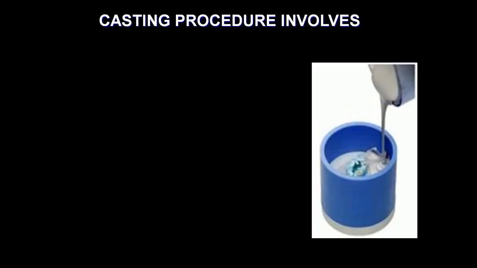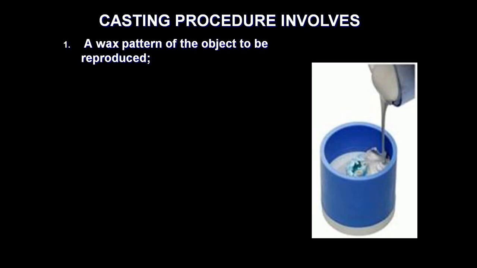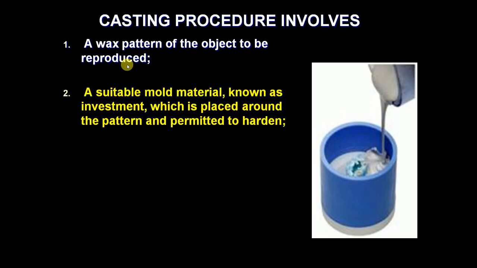Casting procedures involve a wax pattern of the object to reproduce, and a suitable mold material that is known as investment, which is placed around the pattern and permitted to harden.